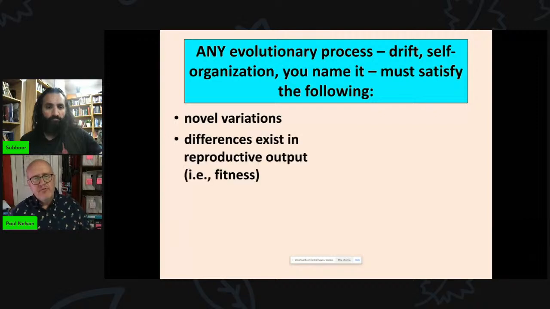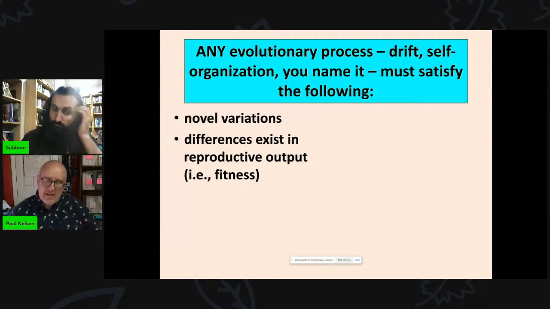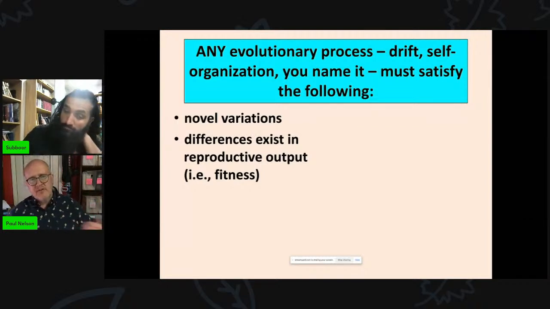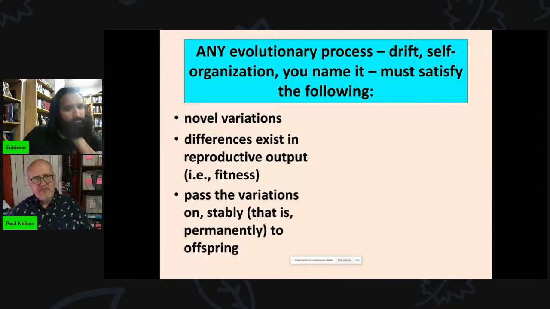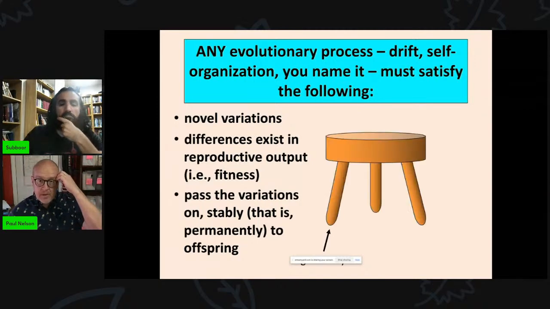You have to have new variation. Those variations must track with differences in reproductive output, what I'm calling fitness. And you must be able to transmit them stably from parent to offspring.